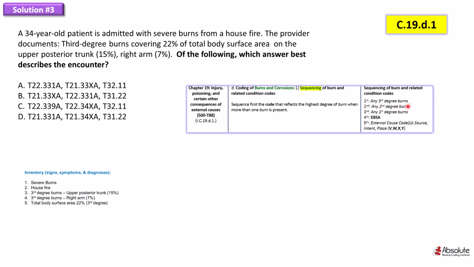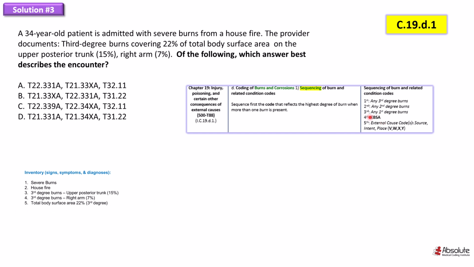And remember, third degree burns are the most severe. Then you have second degree burns, that's next. Your third sequence will be first degree burns. And fourth will be your extent of body surface area or total body surface area.